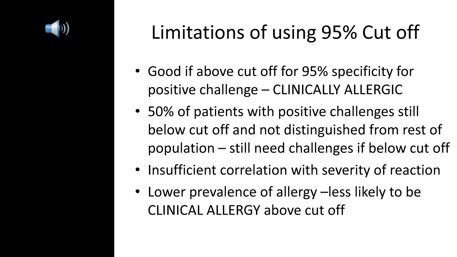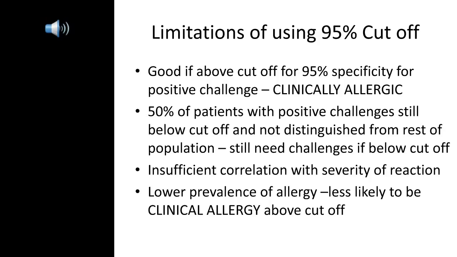The other problem is that you really want to know who's going to get anaphylaxis if challenged, and the strength of the reactivity with IgE does not predict this, and this is another problem.